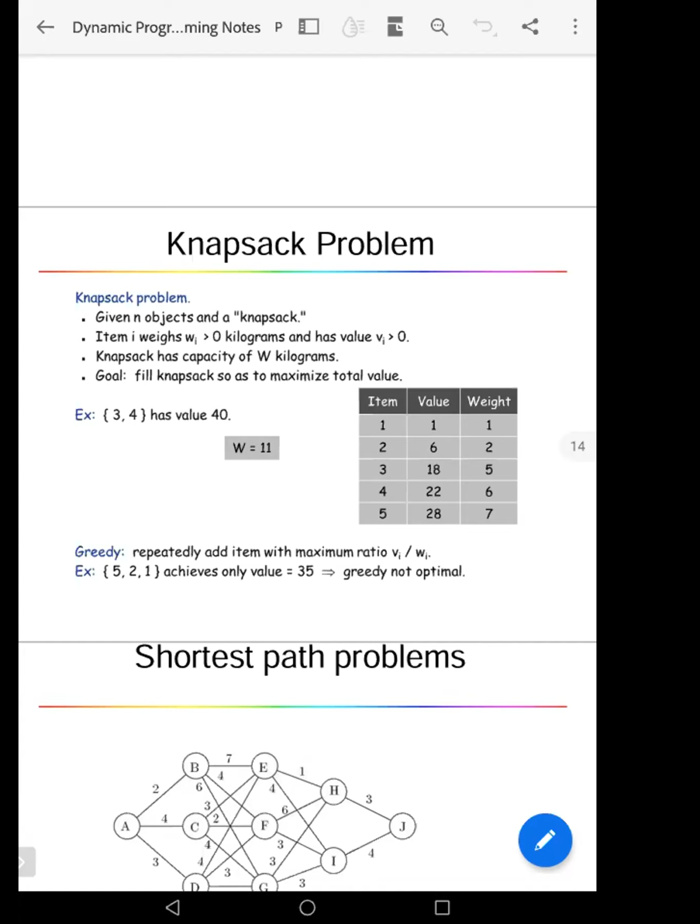The objective of this problem is to find the optimal subset whose sum of values should be maximum. That's why it is a maximization or optimization problem, and the sum of the weights of the items should not exceed the capacity of the knapsack, which is given. So that you must remember.